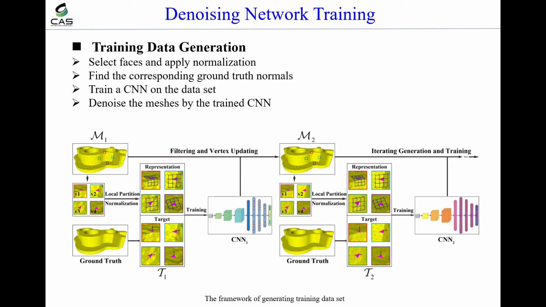Then we find the corresponding ground truth normals as the targets, which make up a training dataset corresponding to the first iteration. Then we train a network on the dataset, and at last, the noisy meshes are denoised by the network, and we can select faces on the denoised meshes, which correspond to the next iteration.